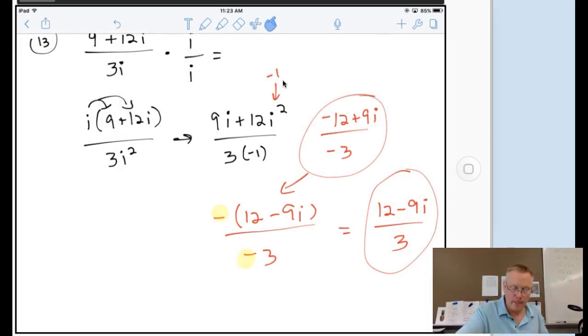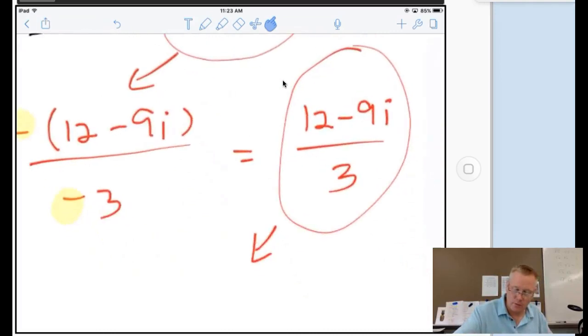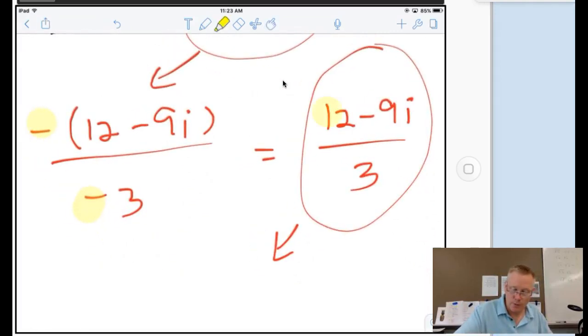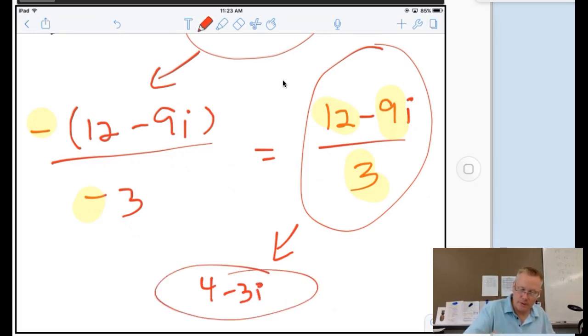Oh, one more thing. I'm actually not done with this one because I can reduce that. 12, 9, and 3 are all divisible by 3, which gives me 4 minus 3i, and that is the best answer.